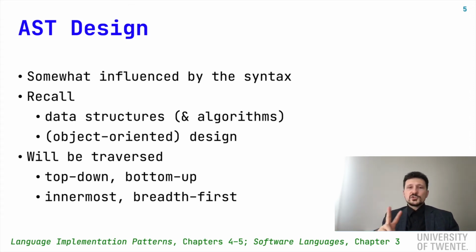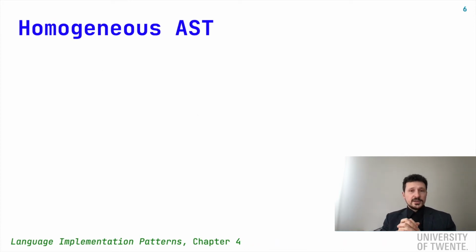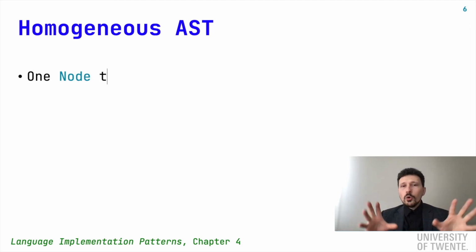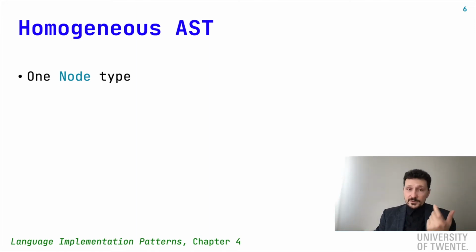So I promised two ways to make an AST, and here they are. They are homogeneous and heterogeneous. The homogeneous AST means that you have one class that's called Node. And that's it. All the nodes in your AST will have the type Node. Then you have one field there that is called content.